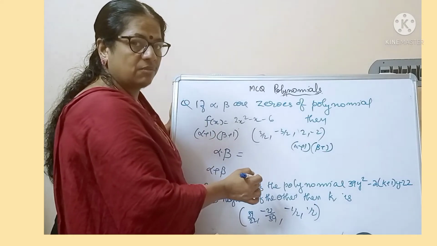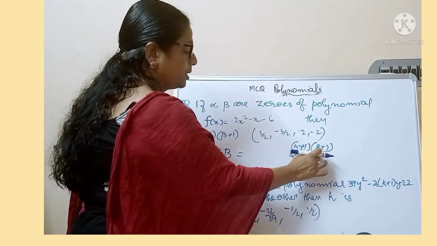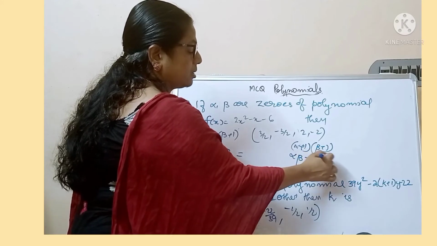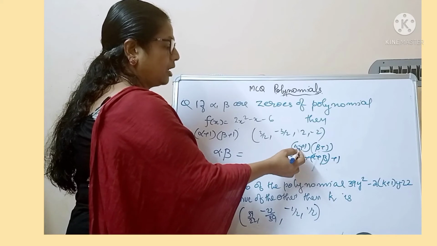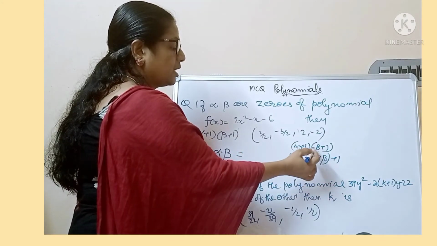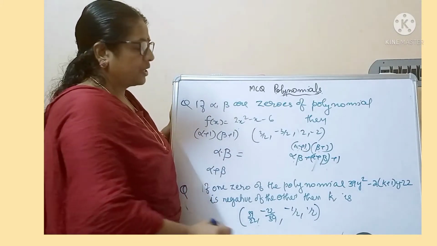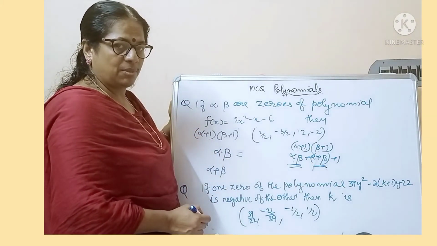After expanding, what we will get? It is alpha beta plus alpha plus beta plus 1. That is alpha into beta, alpha into 1 is alpha, beta into 1 is beta, plus 1 into 1 is 1. So here directly we can substitute the values of alpha beta and alpha plus beta.